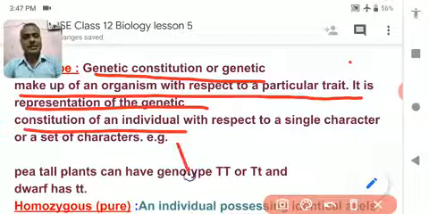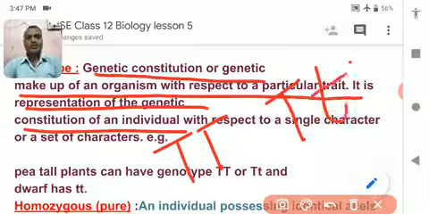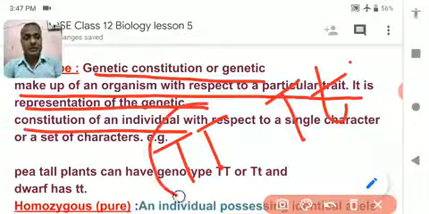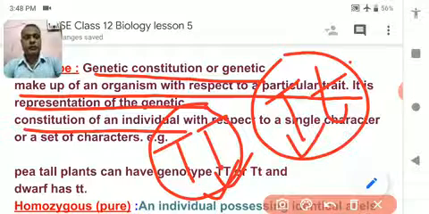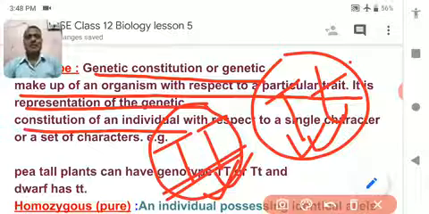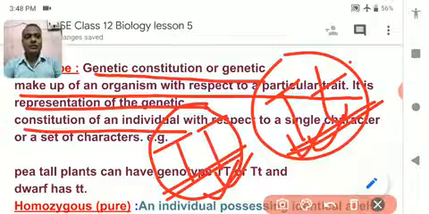This is tall and this is also tall, and physically both can be seen as tall, but the genetical makeup of both is different. So both of them have two different genotypes. It is a homozygous genotype and it is a heterozygous genotype. Understood?